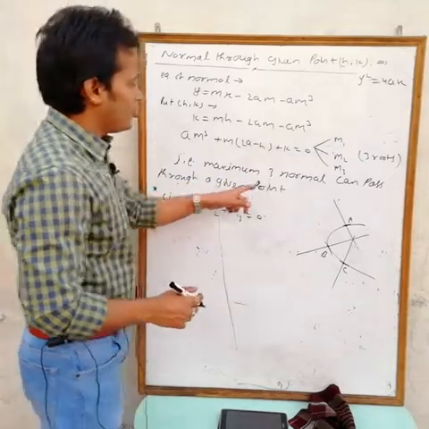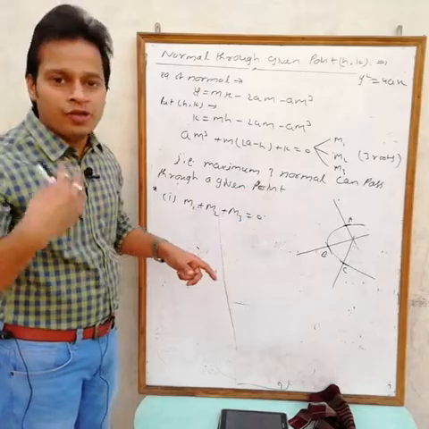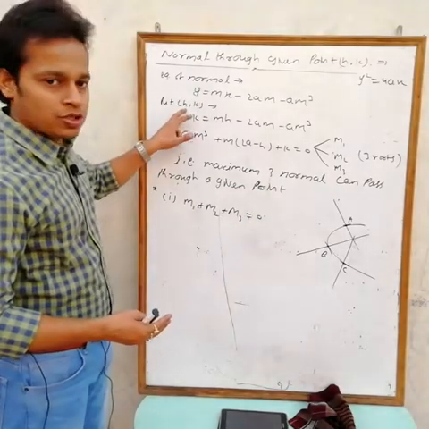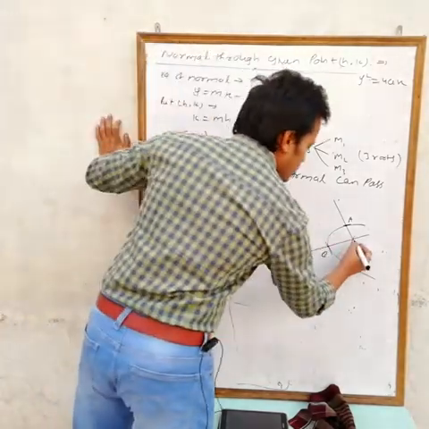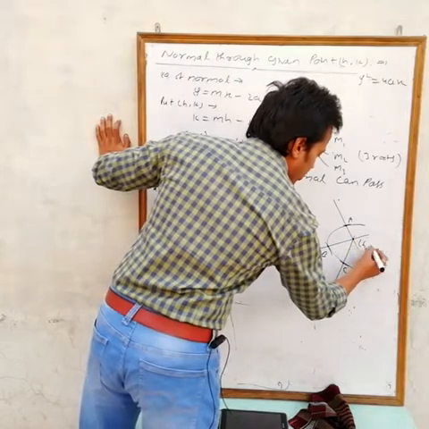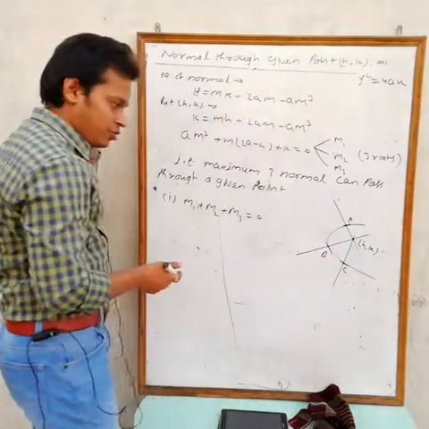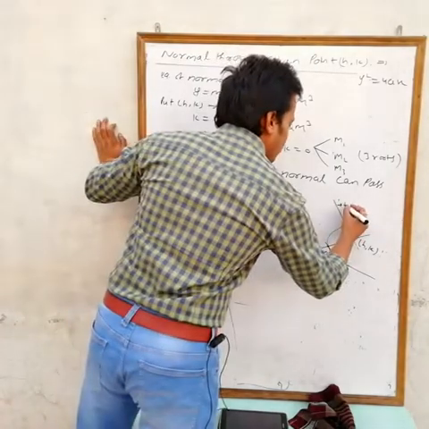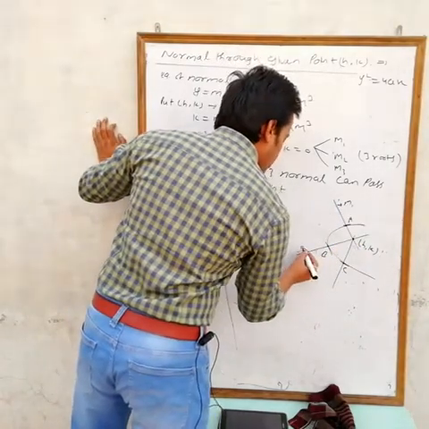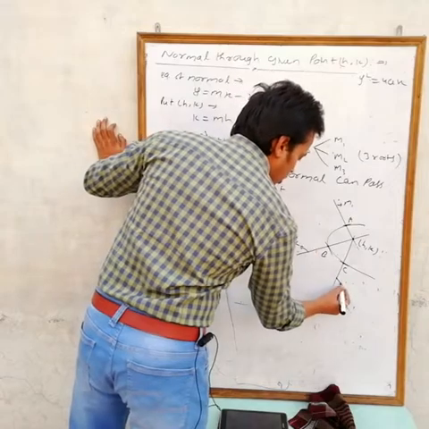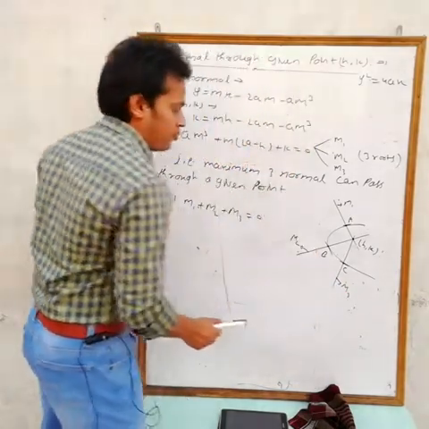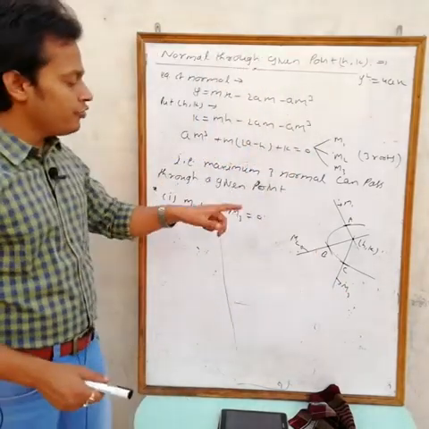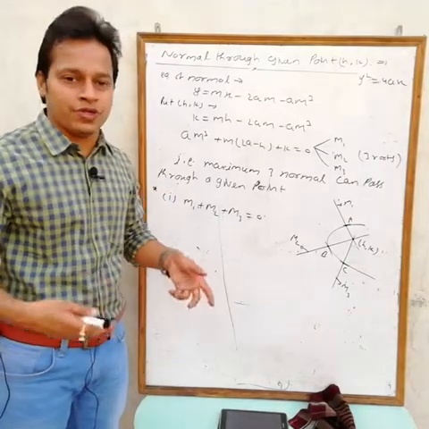Here m1, m2, m3 are the slopes of the normals passing through h comma k. It means this common point is h comma k, because all these normals pass through h comma k. Here m1 is the slope of this normal, m2 is the slope of this normal, and m3 is the slope of this normal, and we are getting that the sum of the slopes of these normals is equal to 0.